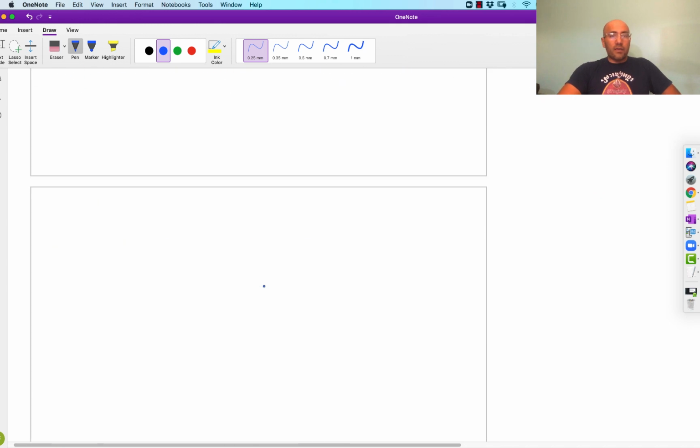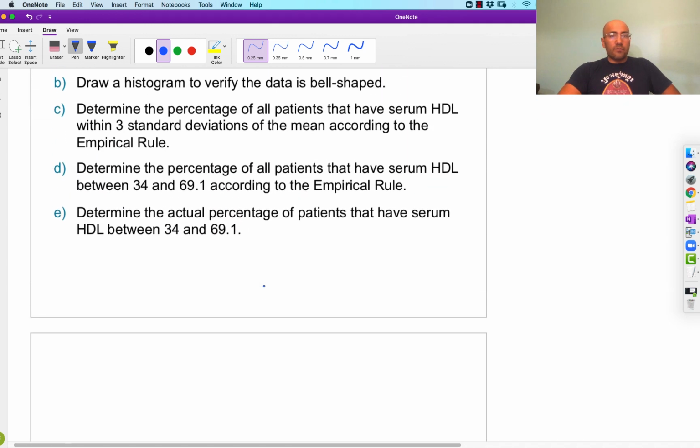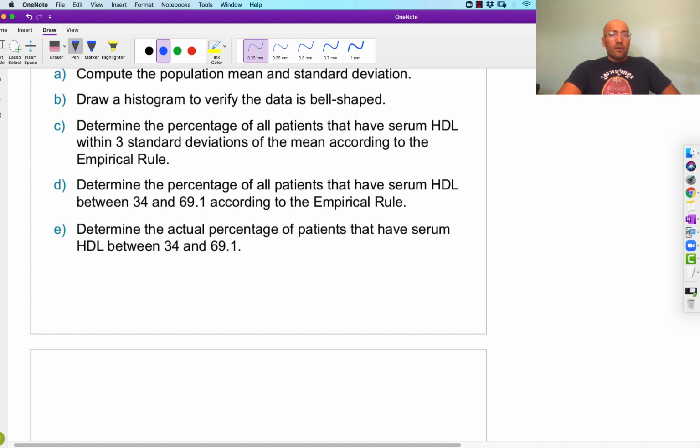Okay, part D, the next part. Determine the percentage of all the patients that have serum HDL between 34 and 69.1. Okay, so let's see. Remember that our numbers are 34 and 69.1.